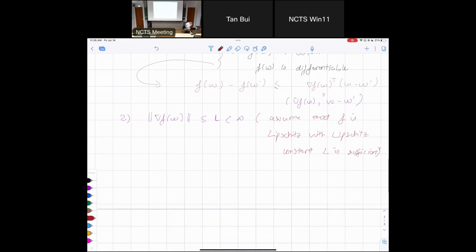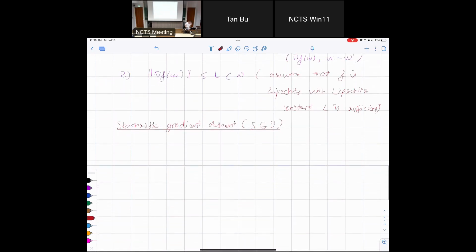The algorithm looks like this: SGD, stochastic gradient descent. SGD is the popular acronym for stochastic gradient descent. What are we given?